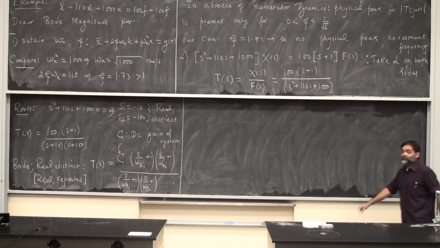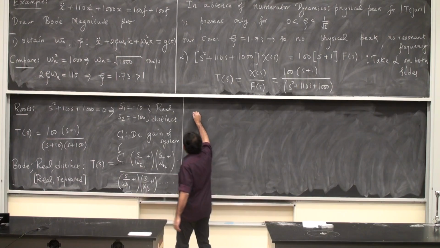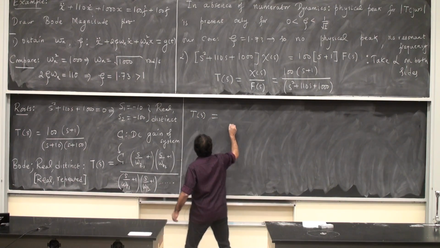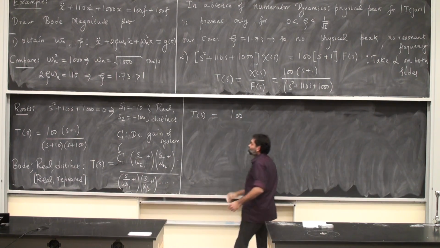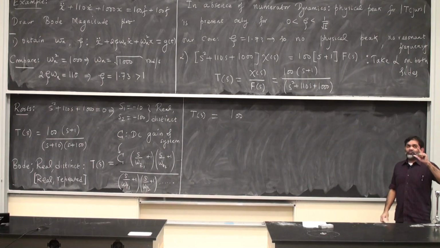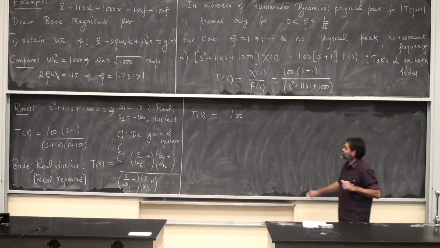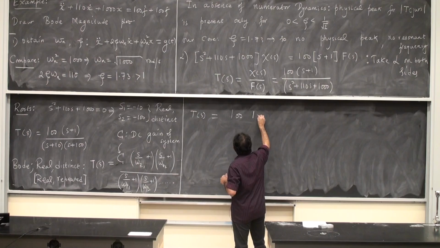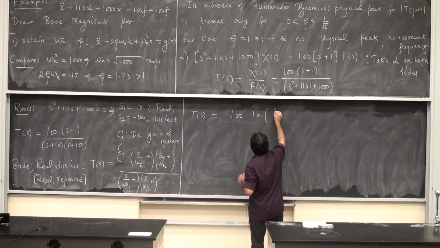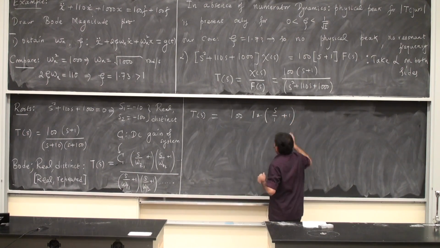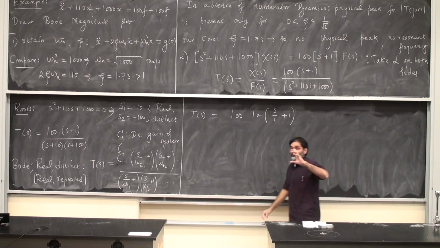So I write our transfer function in the following form. T of S is 100, can't do much about that. The first zero is 1, so I just write it as (S by 1 plus 1). I took 1 as the common factor. Okay, so look at this.